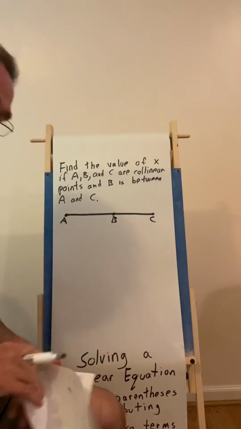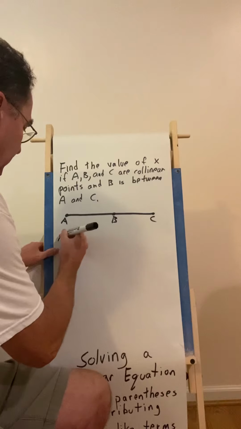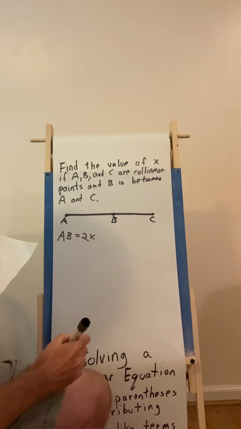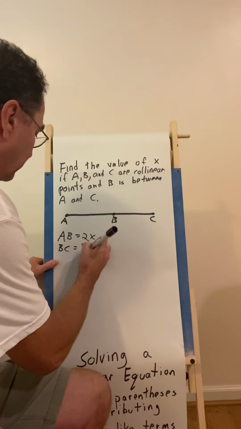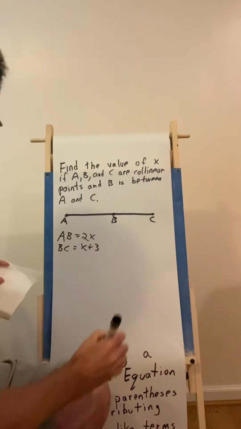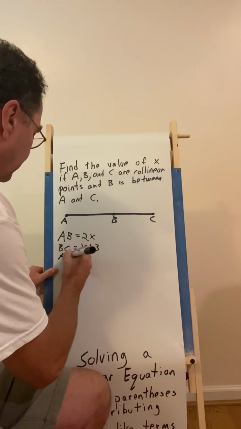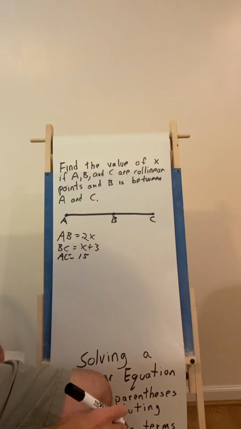In the problem we're doing right now, AB is going to equal 2x. BC is going to equal x plus 3. And AC is going to equal 15. So there's our problem.